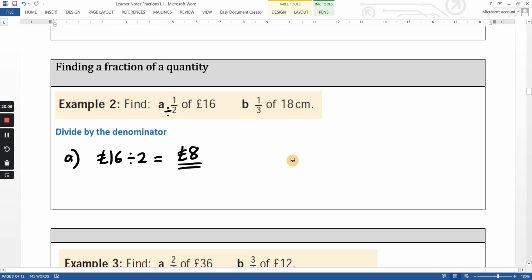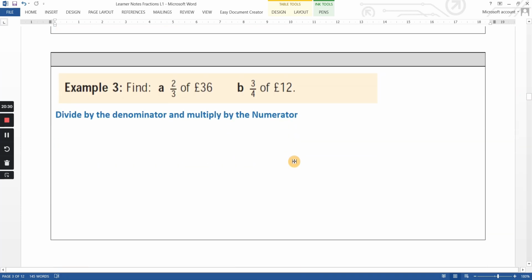And don't forget the pound sign because it's to do with money. Part B, again, divided by the denominator in this case, which is the 3. So 18 centimeters divided by 3 gives me 6 centimeters. Don't forget the centimeters. You need to put the correct units as well.